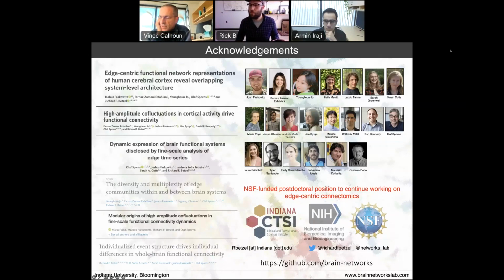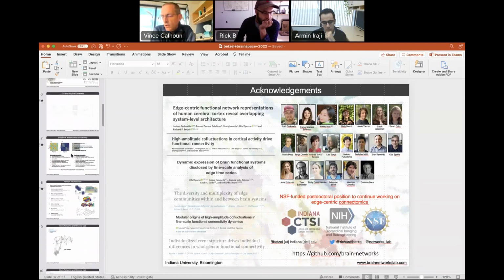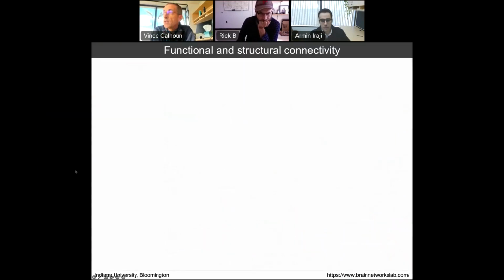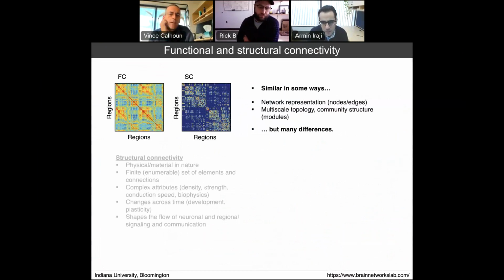I guess I will start with one question about the setup that you started with, which is when you were talking about structural and functional information. I think your claim was that the structural information is physical material, whereas the functional is statistical, right?